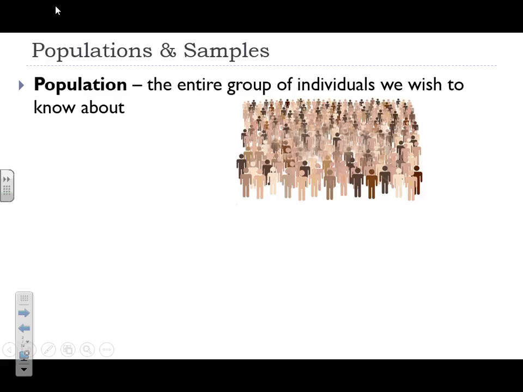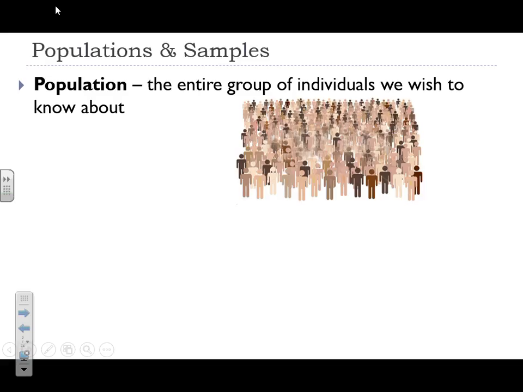Now, if we wanted to answer a question about a population, the common sense idea would be to say, well, let's just ask everybody. So if I had a topic that I wanted to research and I was specifically interested in you guys, AP Stat students at Papillion La Vista Monarchs, could I ask every single one of you the question and get my information from it? Yeah, I'd have access to all of you.